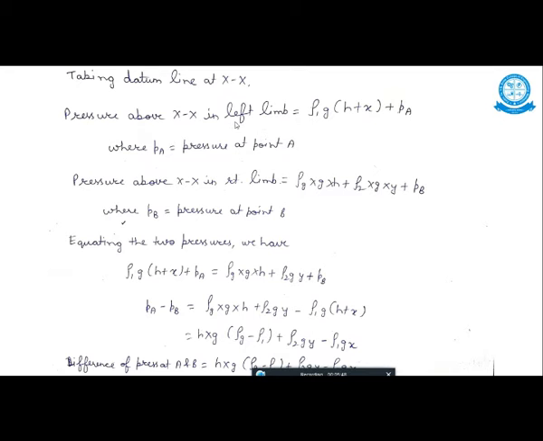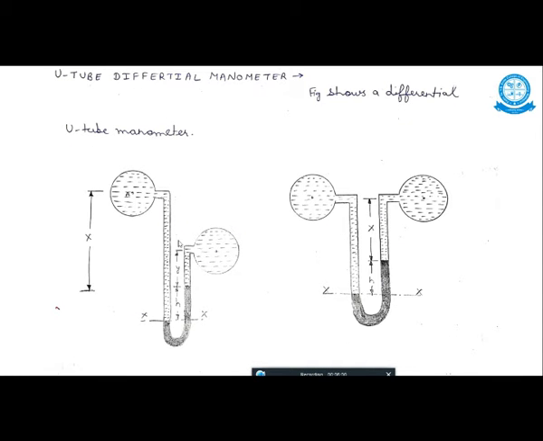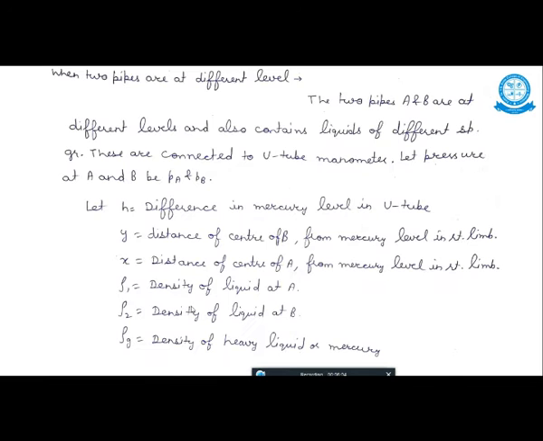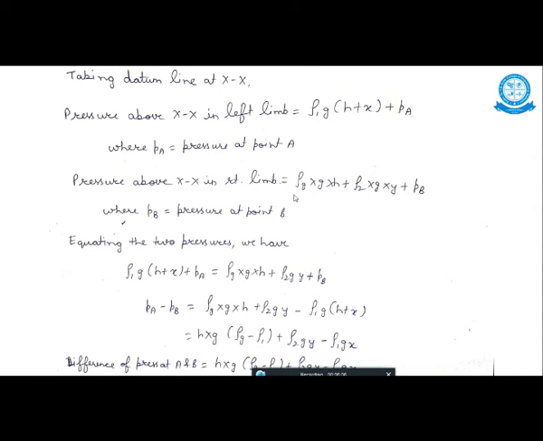Again we can calculate the pressure above the datum line XX in the right limb. We already calculated the equation for the left limb, now we can calculate it for the right limb. Now see, in the right limb there are two liquids. This is the first liquid, and mercury is the second one. So how can we find the equation here? Firstly, write down the pressure equation for the mercury.